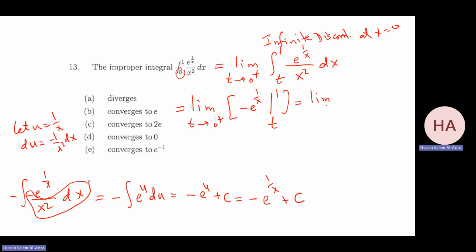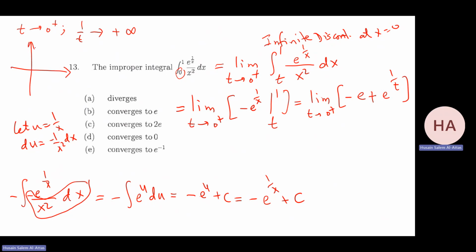So that will be the limit as t goes to 0 from the right of minus e, minus minus, that will be plus e to the power 1 over t. Now, if you take the limit, note that if t goes to 0 from the right, be careful with that, 1 over t goes to what? To plus infinity. Why? If you have the graph of 1 over t or 1 over x, as t goes to 0 from the right, the function is going to plus infinity.